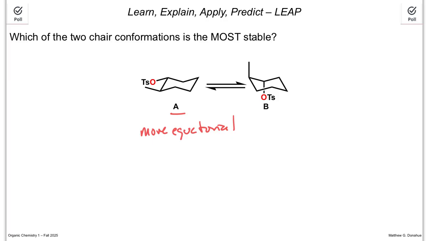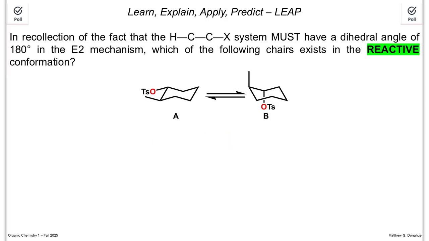And so we have now 2 conformers, but really based on the restraints for elimination, only one of them is reactive. So between A and B, which one's the reactive conformation?